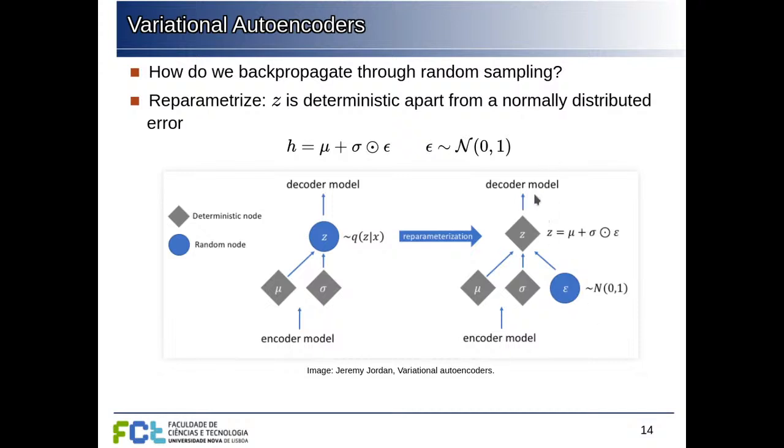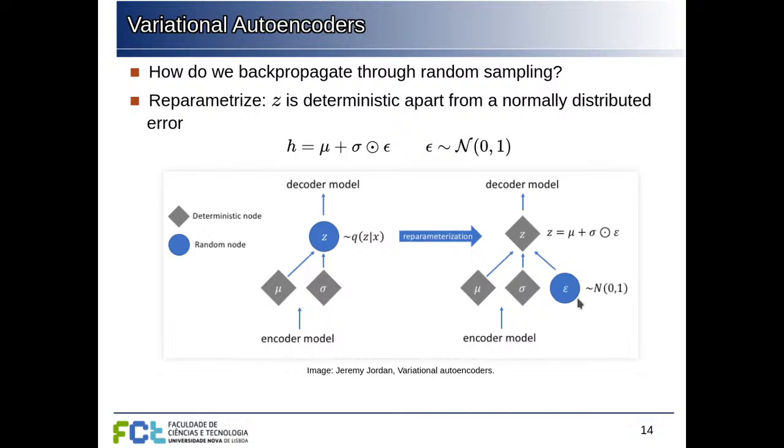In this case, the random step is only on this branch, but we don't need to backpropagate here. There is nothing to learn on this side, because this is just picking a value at random. This part, these branches, we can backpropagate because this is just a sum and a multiplication and so on. So backpropagation works perfectly through here, and we can keep training the encoder model.